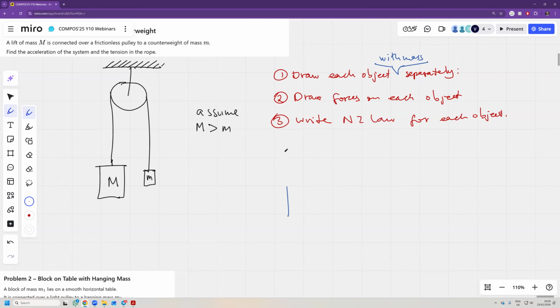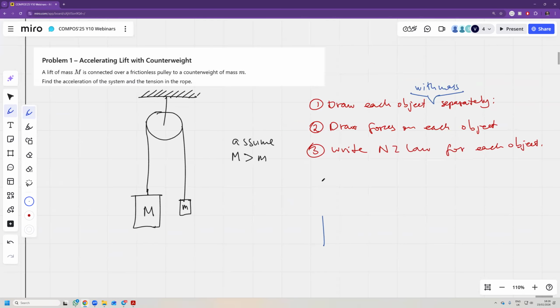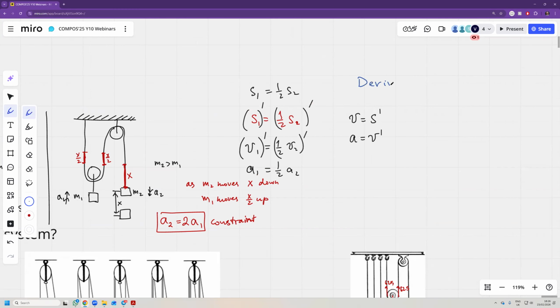Brackets and apostrophes? Oh, the brackets are derivatives. If you're not familiar with calculus, don't worry about it. You'll do calculus next year. But do look them up if you are keen.